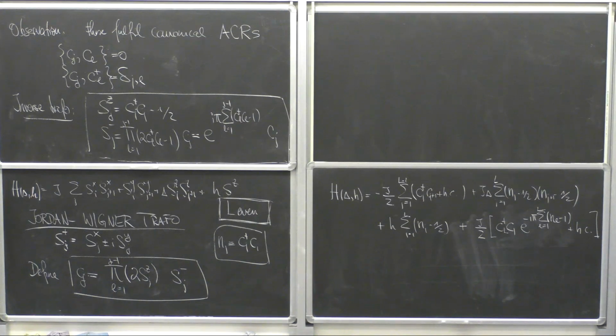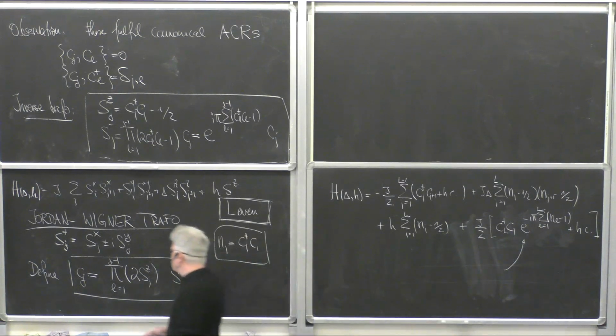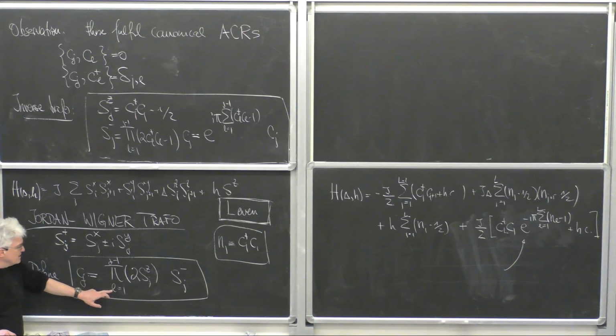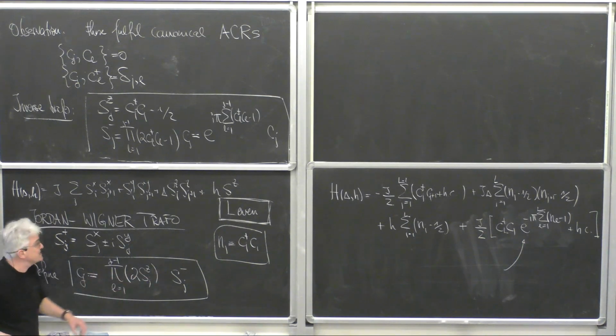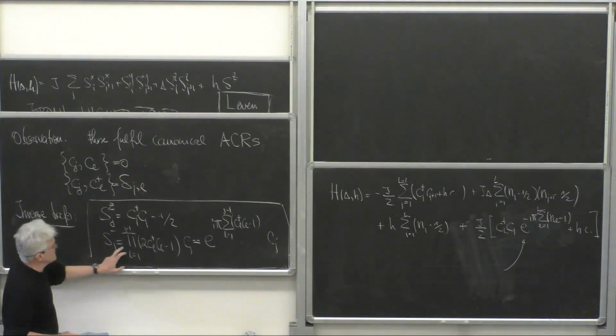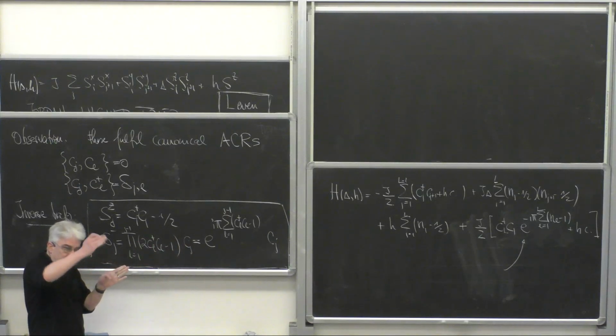Okay, so observe that this term here looks a little bit weird, because it looks like it's non-local. Where does it come from? Well, it comes from the fact that these spinless fermion operators involve a string of spins, if you wish, that starts at position 1 and extends to site j minus 1.